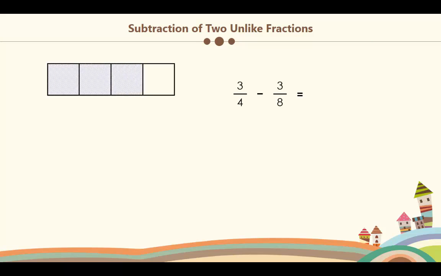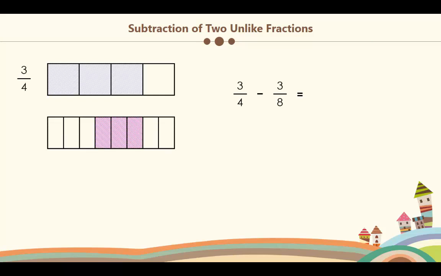Here I draw 3 over 4, or 3/4, and 3 over 8, or 3/8. From these bars, we can see that one part of 4 is as big as 2 parts of 8. So 3 parts of 4 are as big as 6 parts of 8.